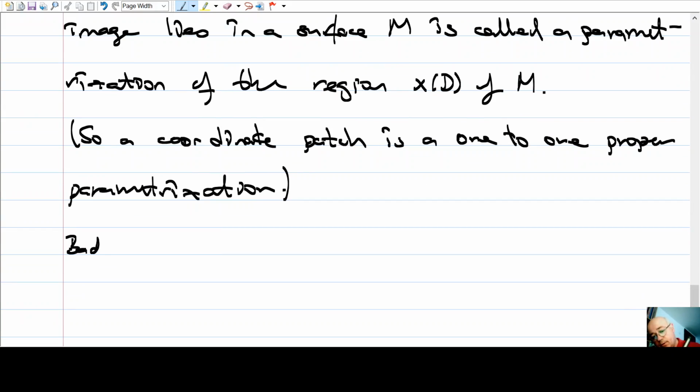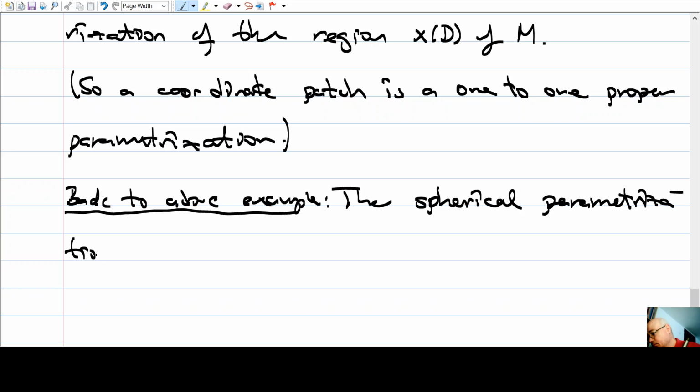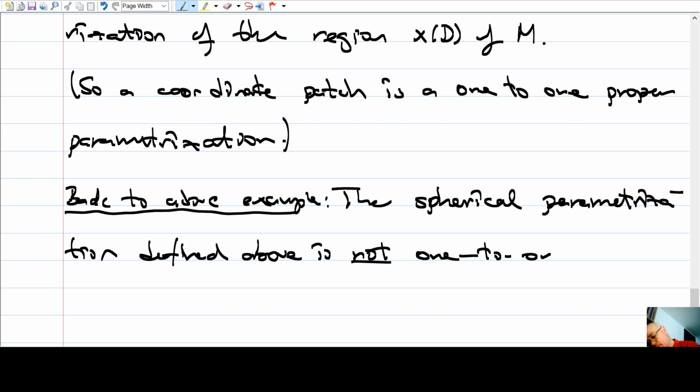Back to the above example, the spherical parameterization defined above is not one-to-one in general.